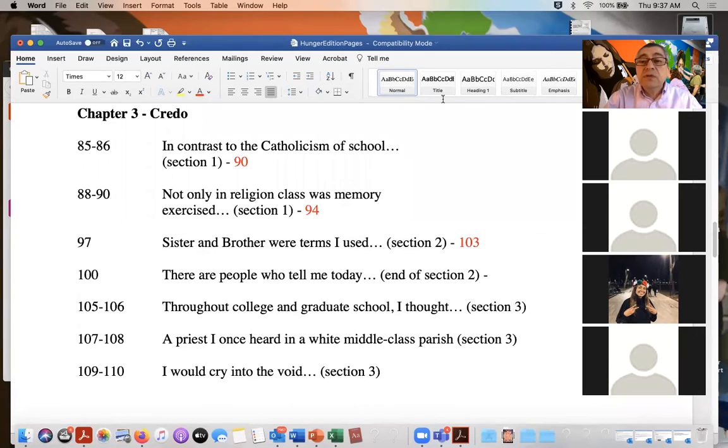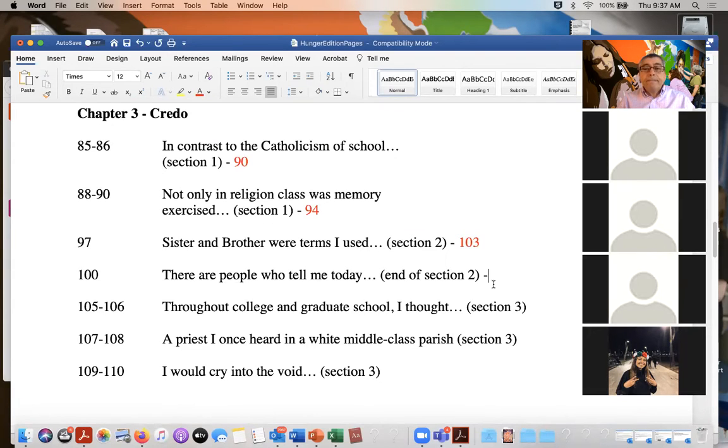So if you go to the end of the second section, the paragraph previous to the last paragraph, you should be able to find it. There you go, 106.